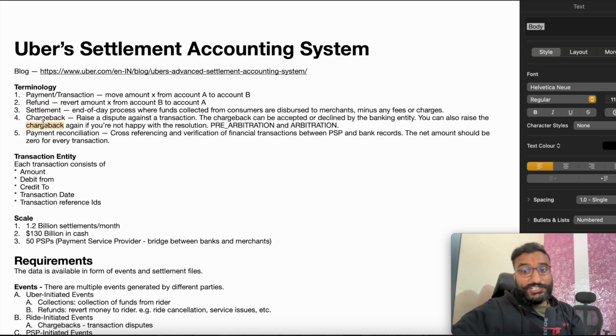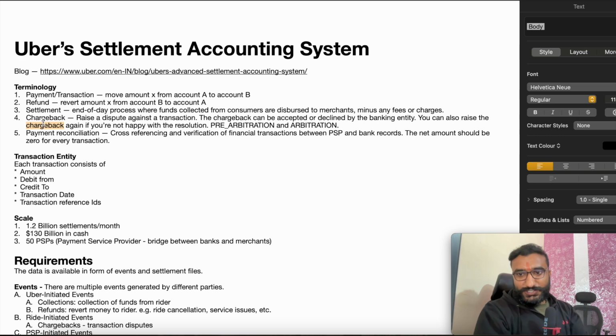Another thing is chargeback. Chargeback is used in the context of raising disputes, and it's heavily used in the case of credit card transactions.